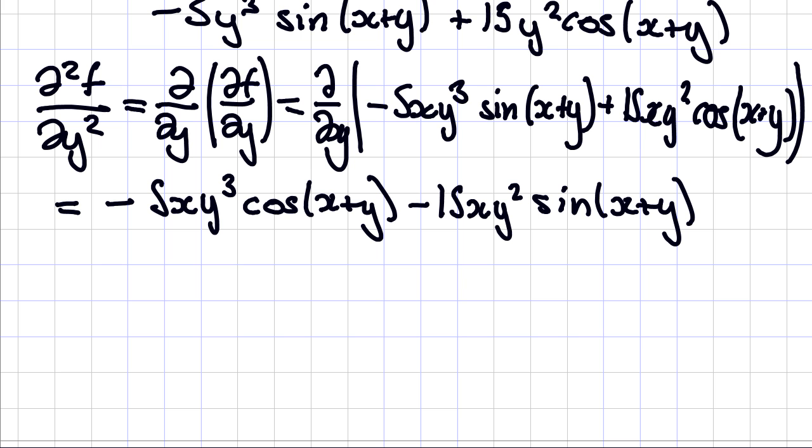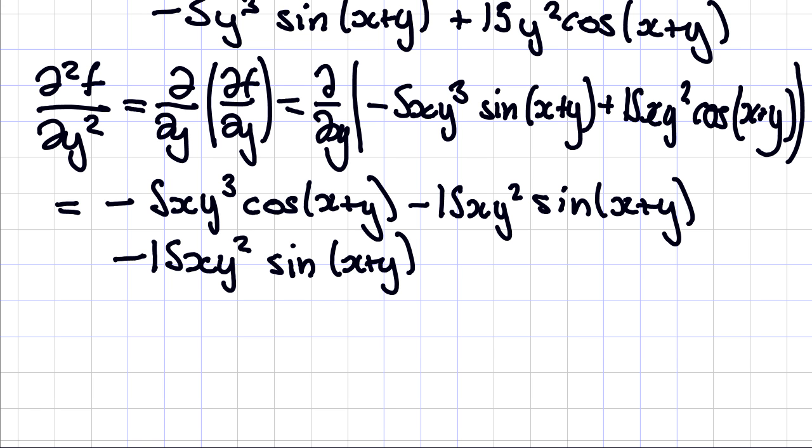Now I need to differentiate the second term, 15xy squared cos x plus y. And again I use a product rule. So that's going to be u, 15xy squared, dv dy, cos differentiates to minus sine x plus y, and then v, so that's cos x plus y, du dy, that's going to be 30xy.